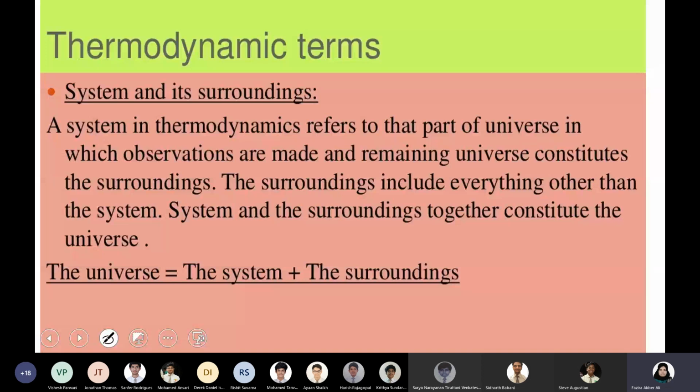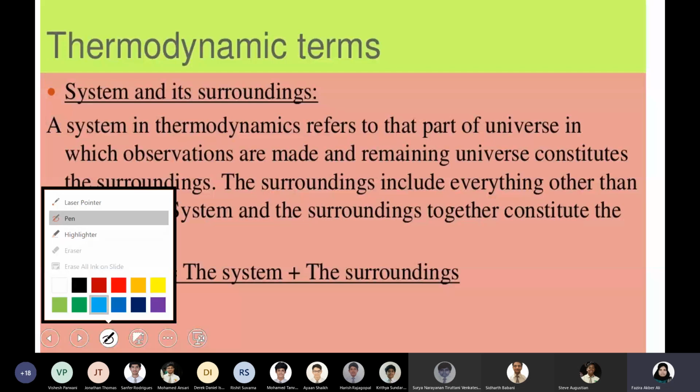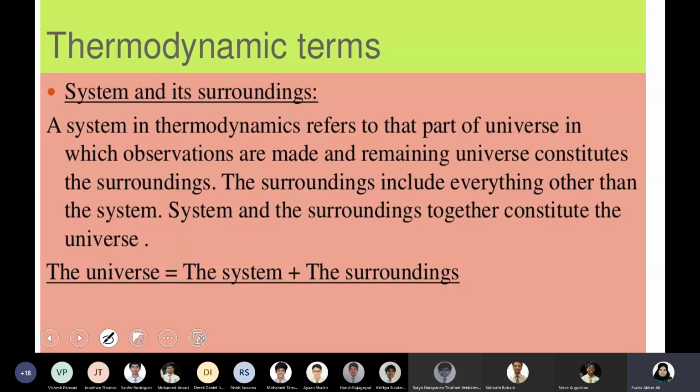Okay, let's start with a very, very simple basic concept, that is system and surroundings. Before we move to the actual definition, let me take an example. I'm doing a chemical reaction. I've got a beaker.